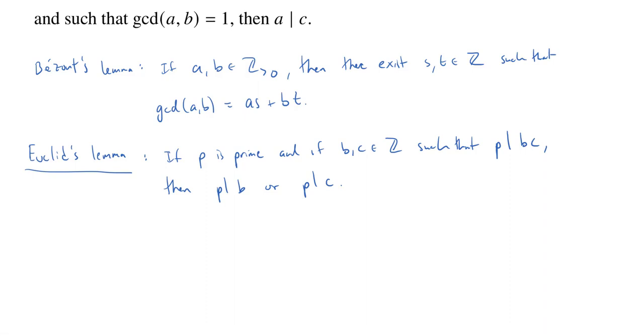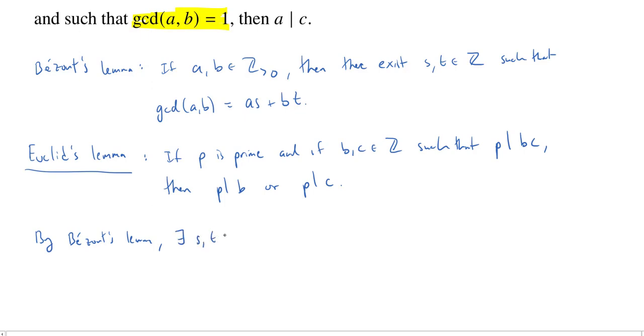So we can start with applying Bézout's lemma to a and b, and we know the GCD is 1. So by Bézout's lemma, there exist integers s and t such that we can write 1 as a times s plus b times t.